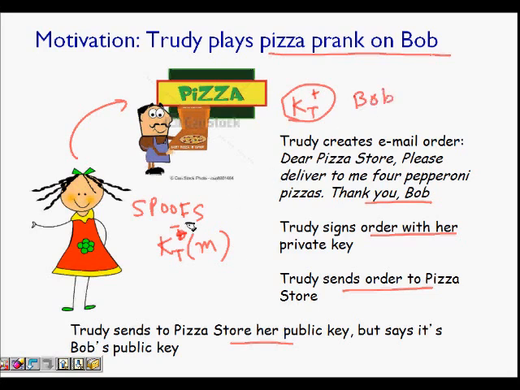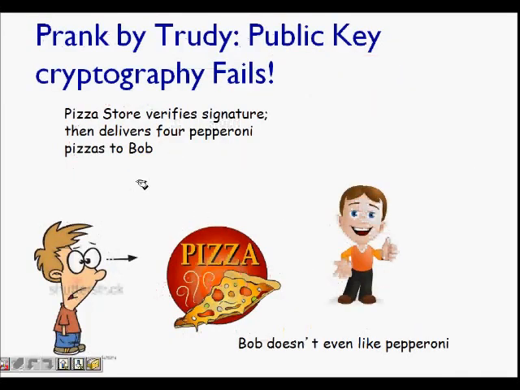Now the pizza store person decrypts this message and sees that the message is the same, so this person must be Bob. He is very happy that his pizza store is running really fine. The pizza store verifies the signature and delivers 4 pepperoni pizzas to Bob.